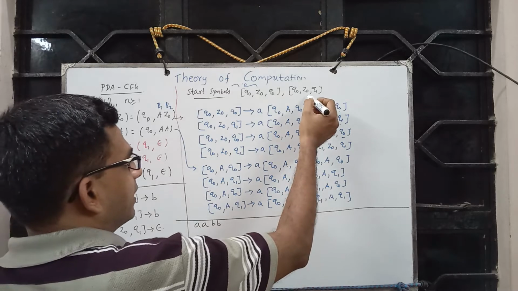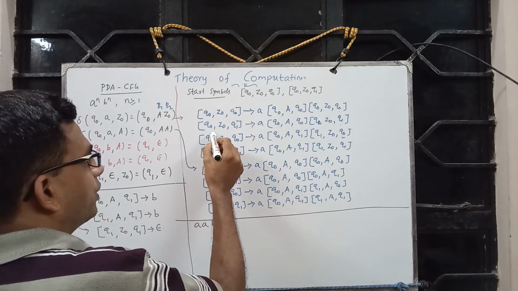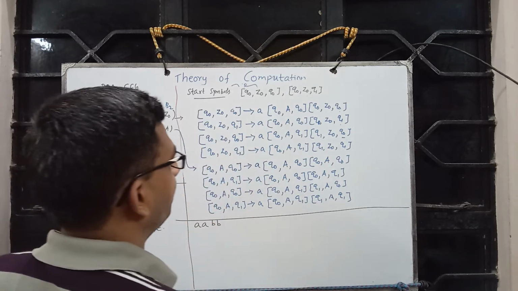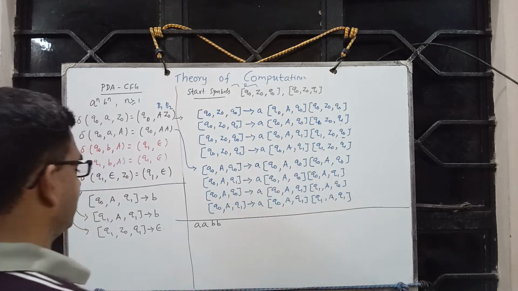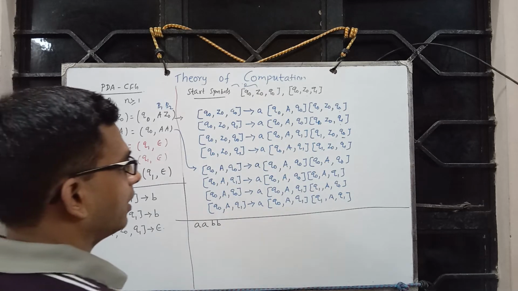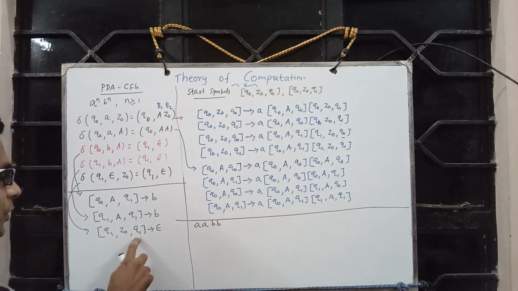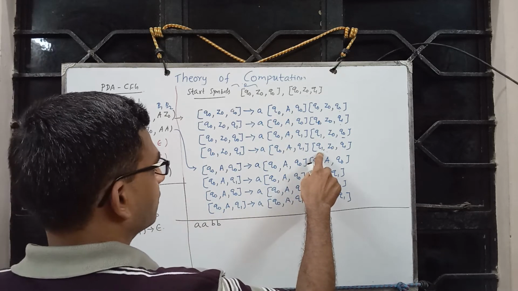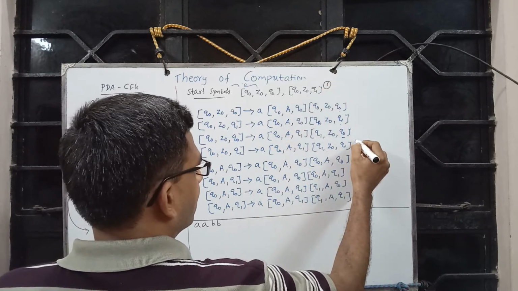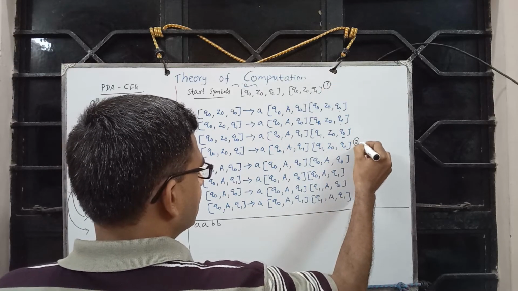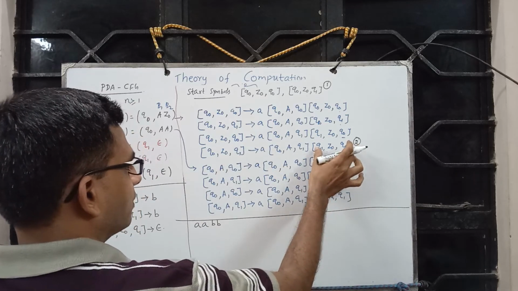Okay, let's start from here. Suppose I take q0 Z0 q1. Then I can take this or this. But q1 Z0 q1 is defined, so I'll start from here. Then I'll take this, and this one is defined.